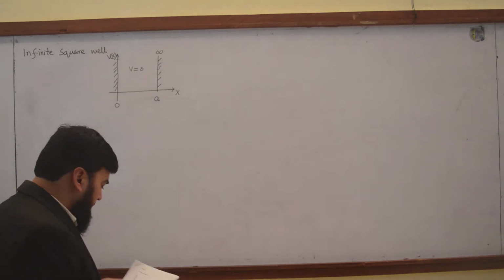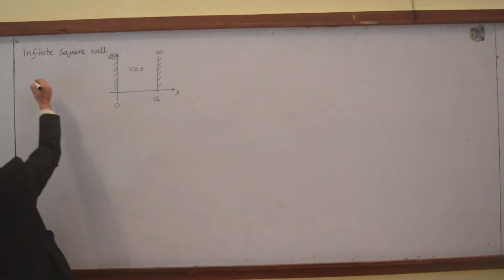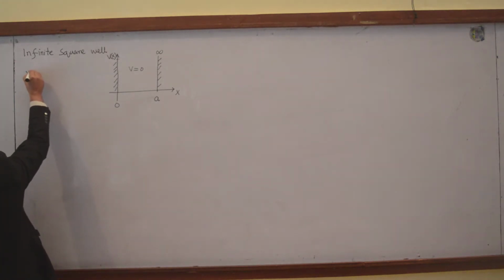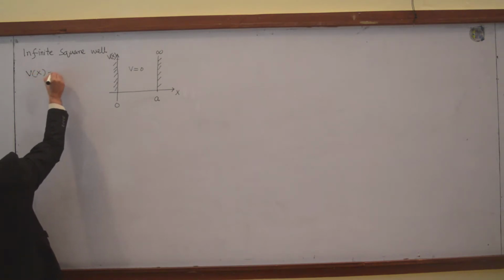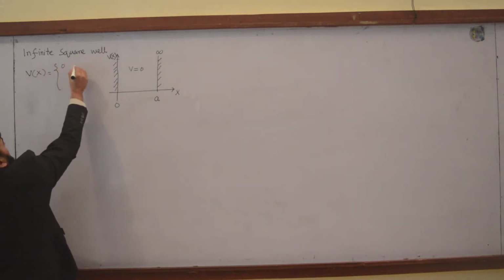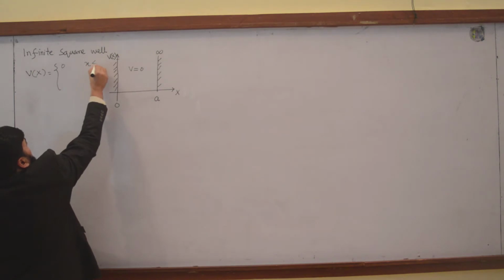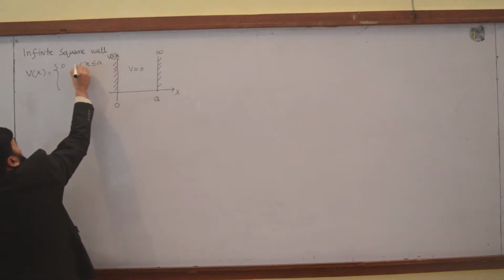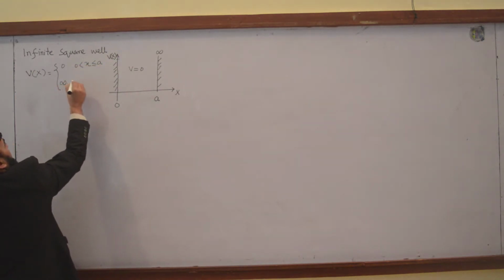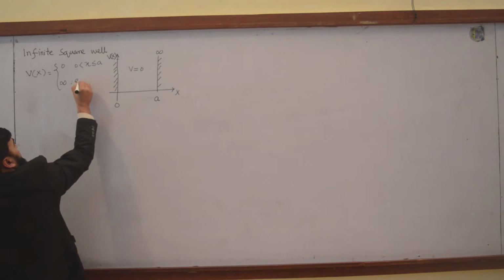So we have our equation that V of x is equal to 0 if x is between 0 and a, and this potential is infinity elsewhere.